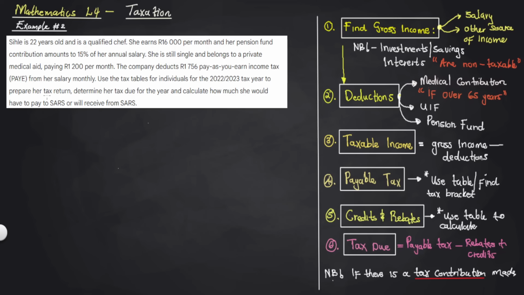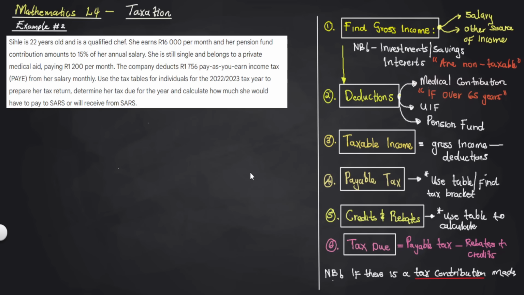To prepare her tax return, determine her tax due for the year and calculate how much she would have to pay to SARS or receive from SARS. So there's two questions now. Let me highlight them.